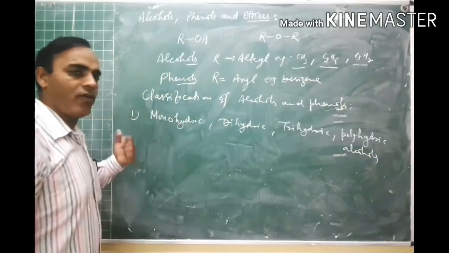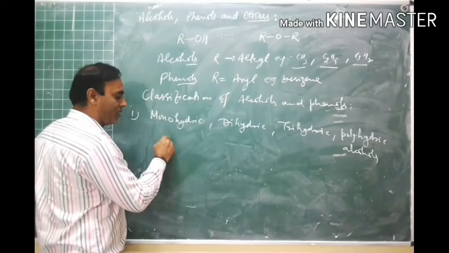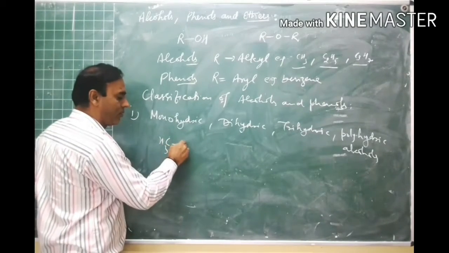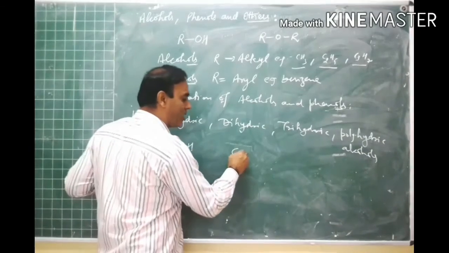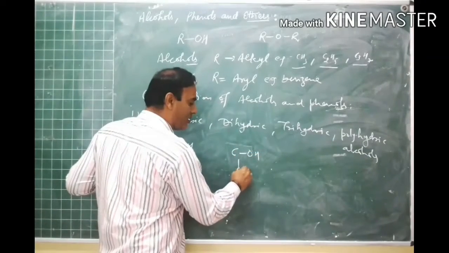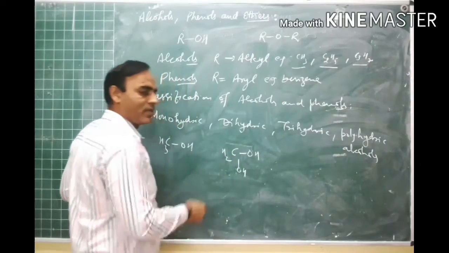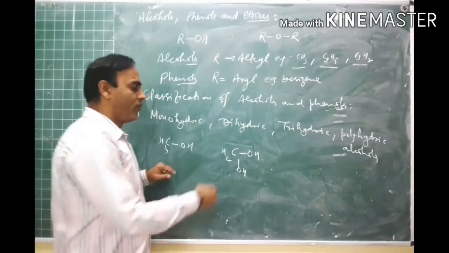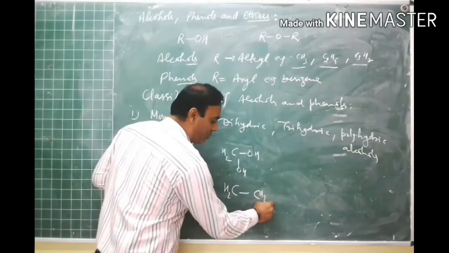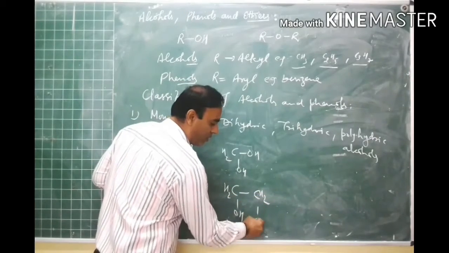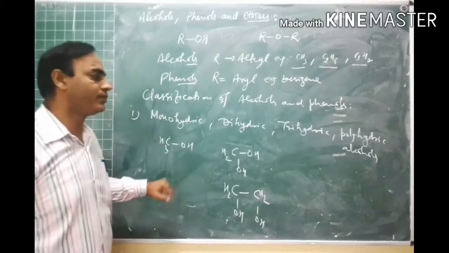So if there is one OH group attached to carbon atom, then this is known as monohydric alcohol, CH3OH. If there are two OH attached, then this is known as dihydric alcohol. This is an example of dihydric alcohol. We can write another example, that is CH2OH, CH2OH. This is another dihydric alcohol.